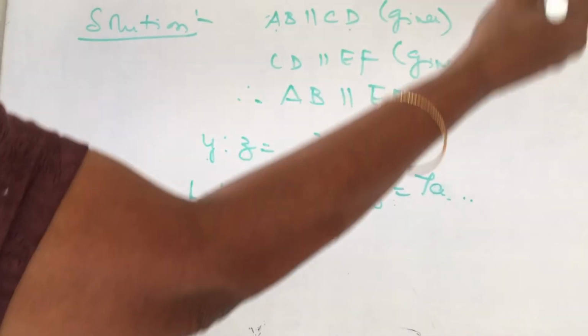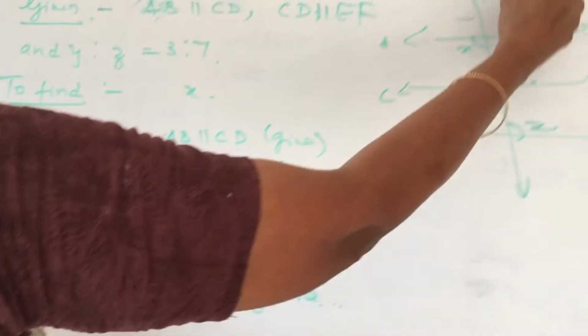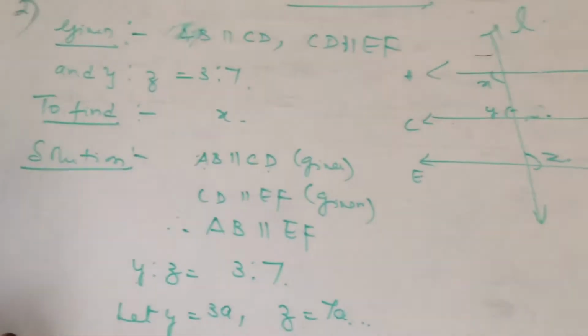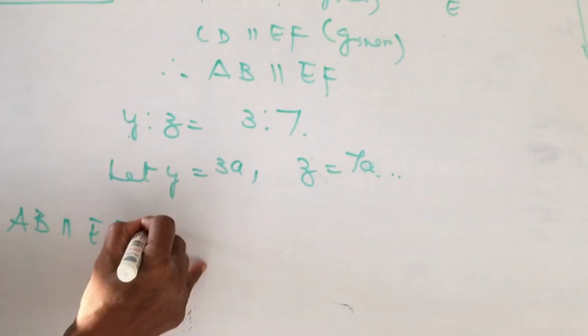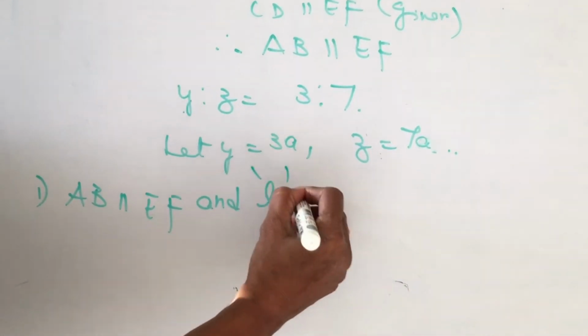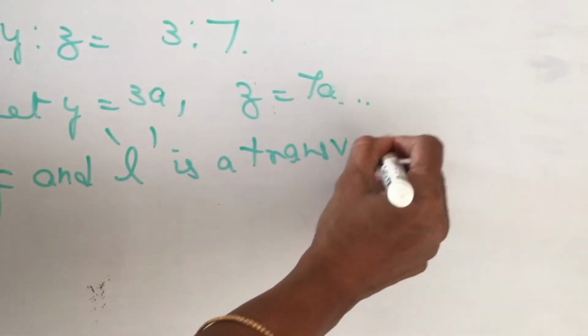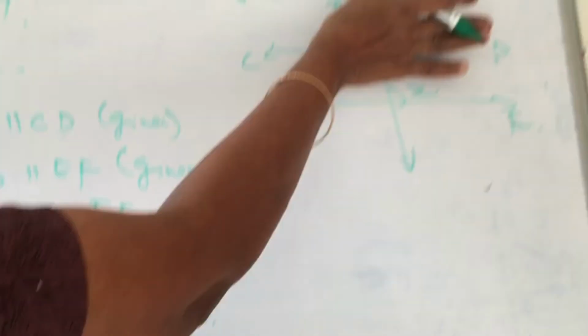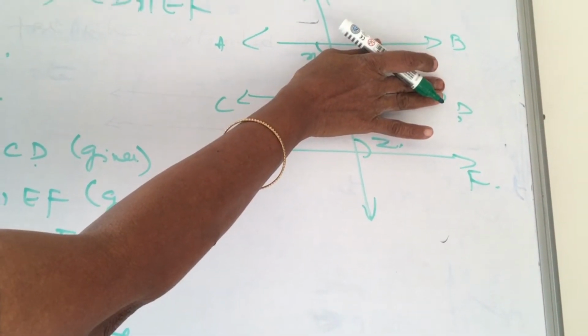As AB is parallel to EF, children, you can take L as a transversal. Yes, AB parallel to EF and L is a transversal. With respect to AB and EF, do not consider the line CD at all, children. Only AB and EF.